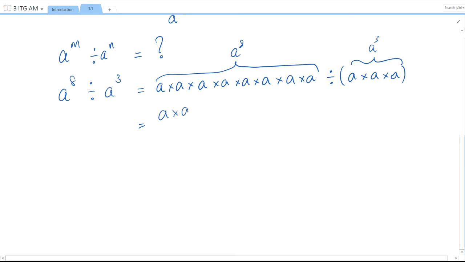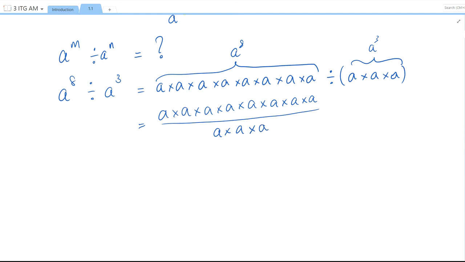So a times a times a and so on, divided by a times a times a, 3 of them. Our primary school mathematics taught us that, hey, same factors, let's cancel them. How many times are we going to cancel? We're going to cancel 3 times, because in our denominator there are 3 of them.